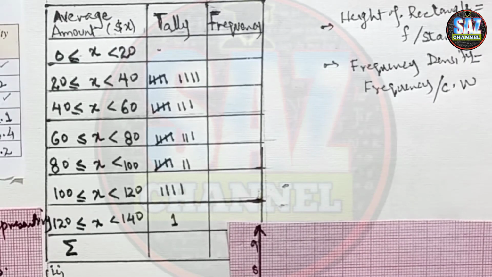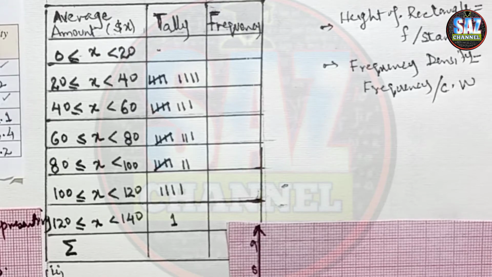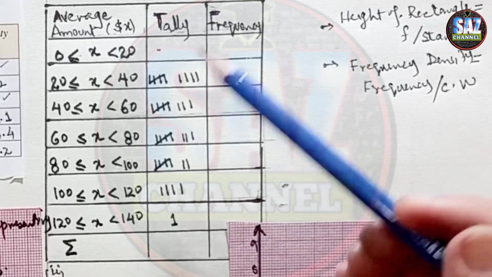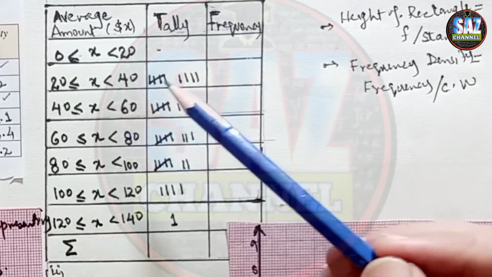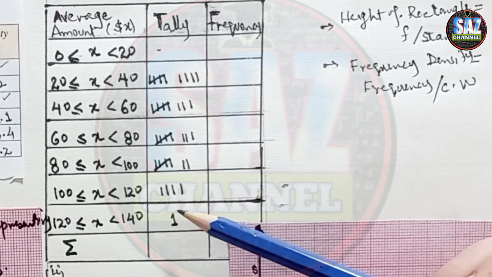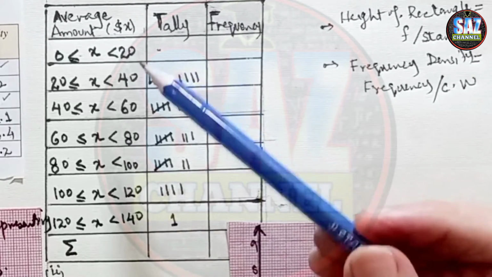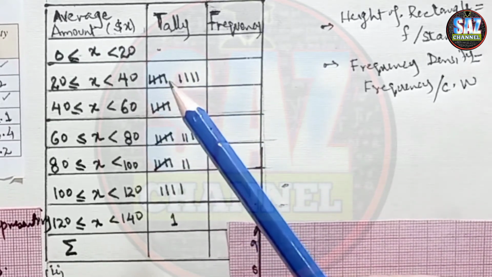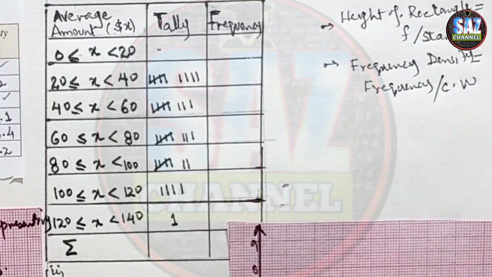Now if you recall my previous lesson, in my first question I explained the method in detail, how to go through the table and find out which class will have which number. So I have done some of the work already. We are left with only one class, and we have to mark the tallies for that class only.